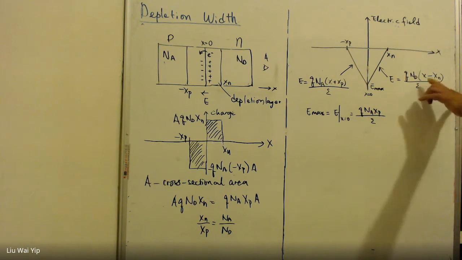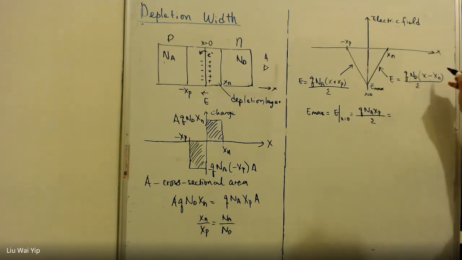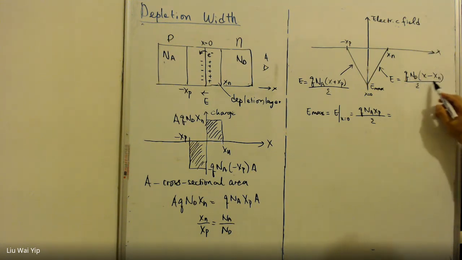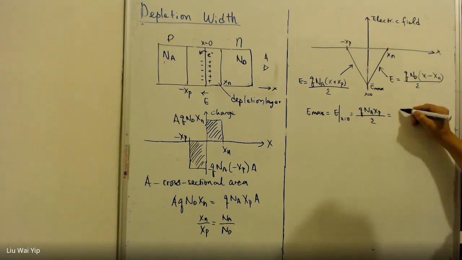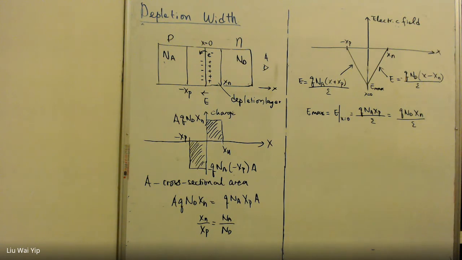And according to this equation, the electric field here is equal to this amount. When x is 0, we have Q N D xn, maybe there's a negative sign here. No, yeah, both sides are positive.